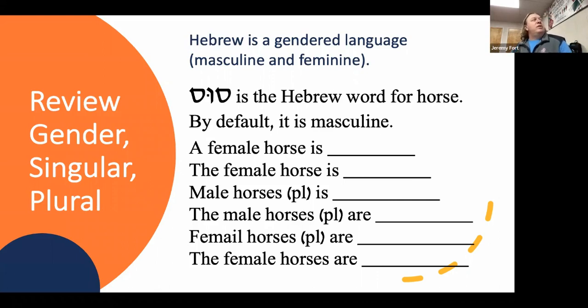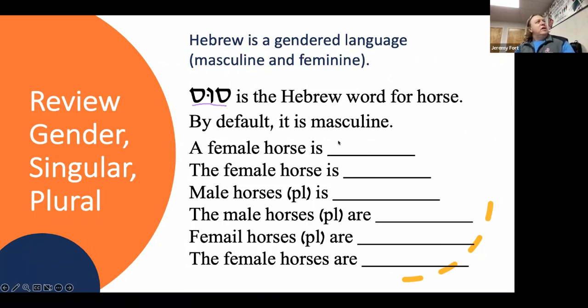All right. So we learned two weeks ago about noun endings and the gender. Right? So Hebrew is a gendered language. That does not mean necessarily that just because you're talking about a sus or a susah, it means it's a female horse. Although in this case, it would likely mean mare. It's not gender as in biology. It's gender as in how to know what words go with each other. So let's do this one. I'll start with somebody who I think remembers this stuff.